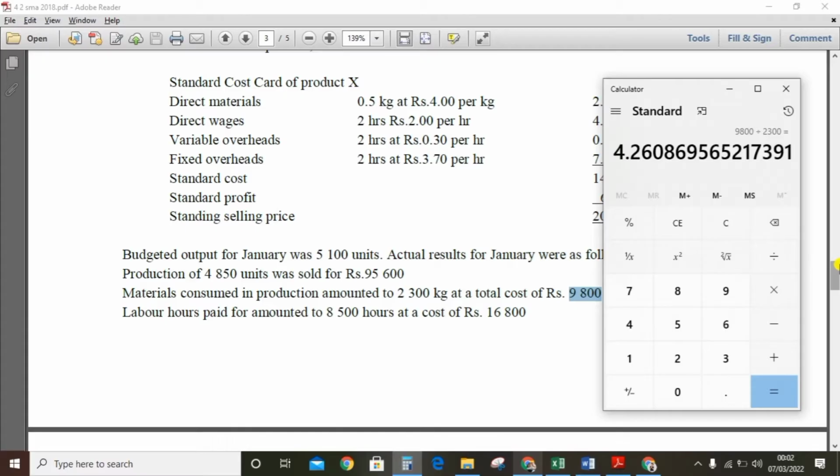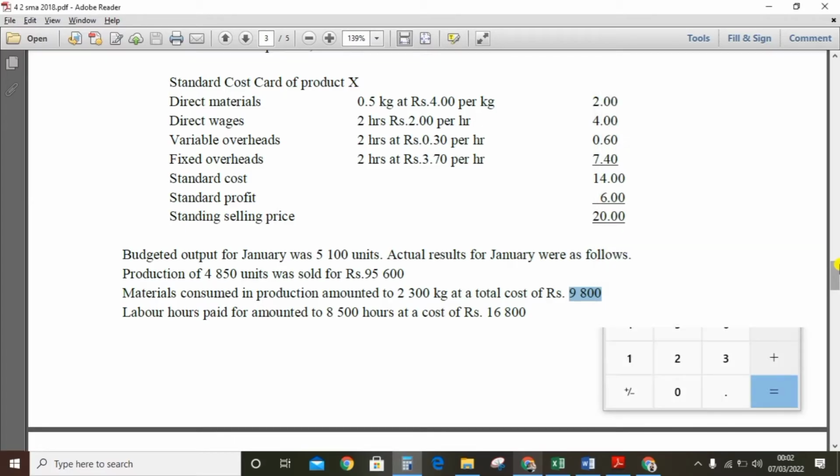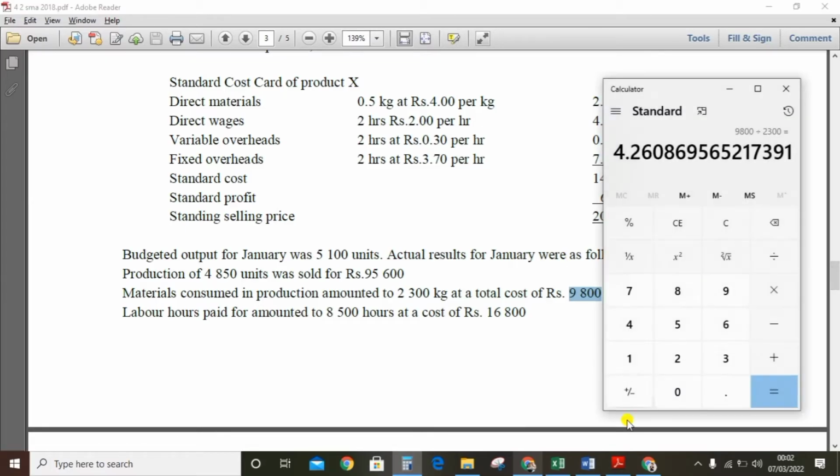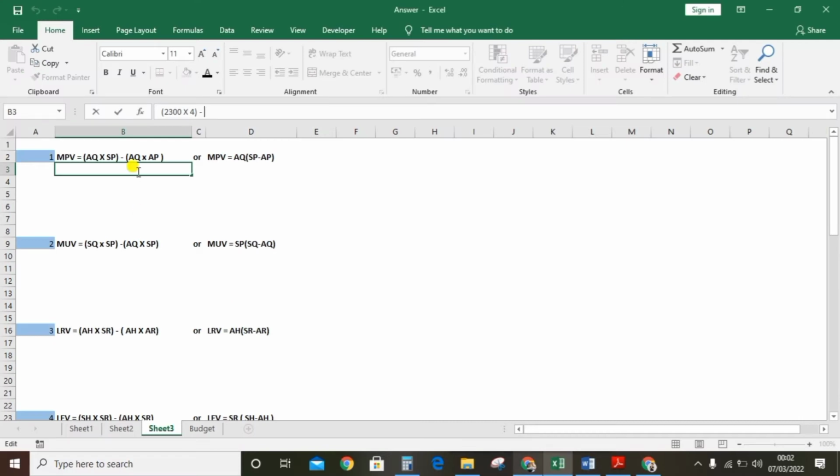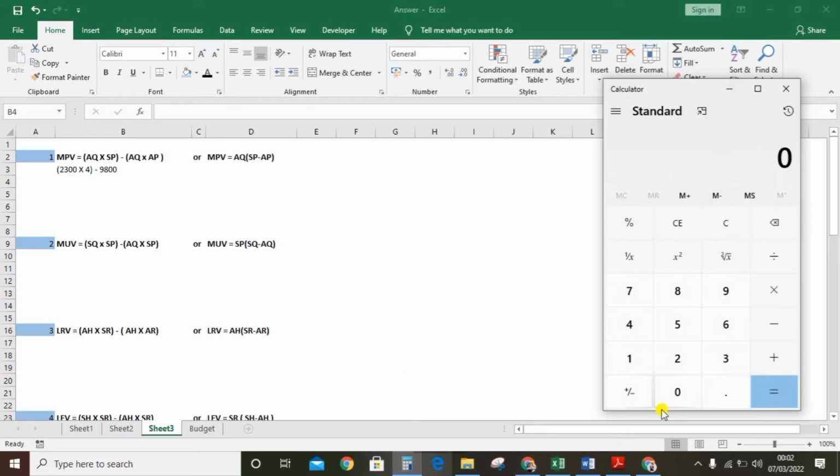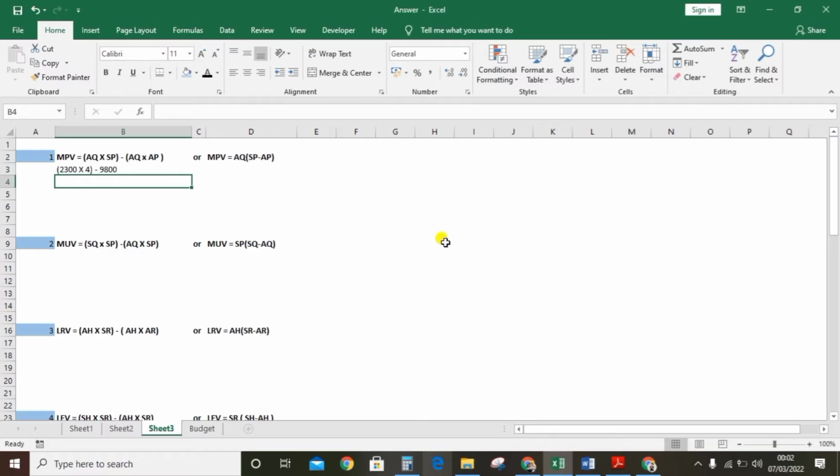But instead of using the AP, we can put the full amount 9,800 as AP times AQ. So we have 9,200 minus 9,800. Then we need to indicate whether it is favorable or adverse.